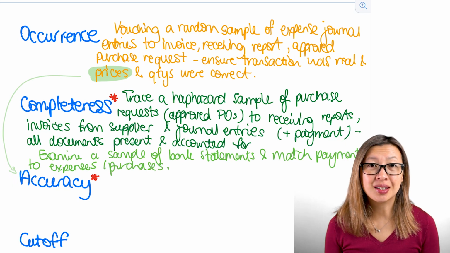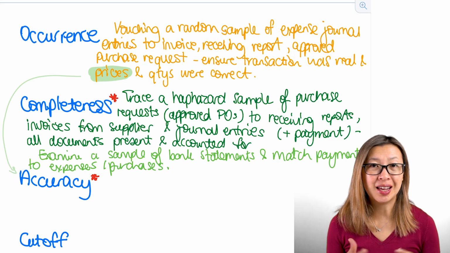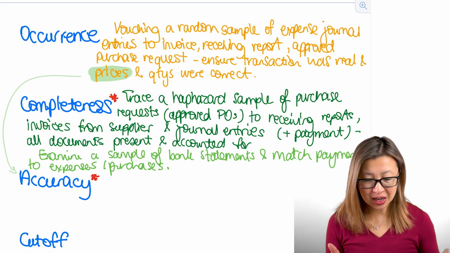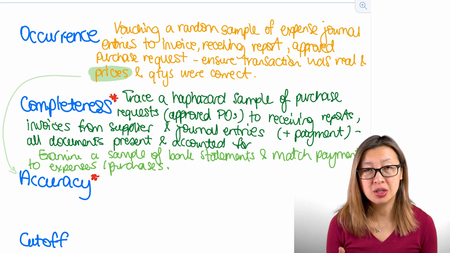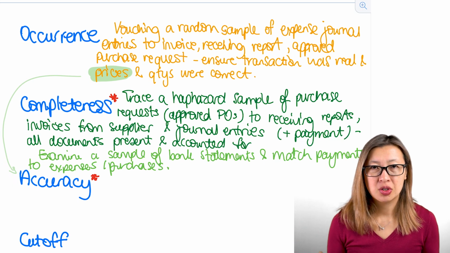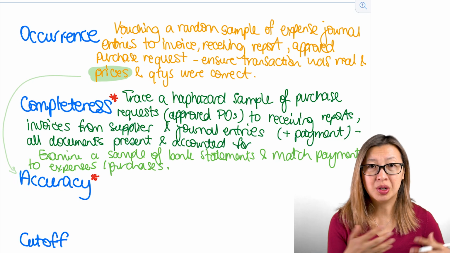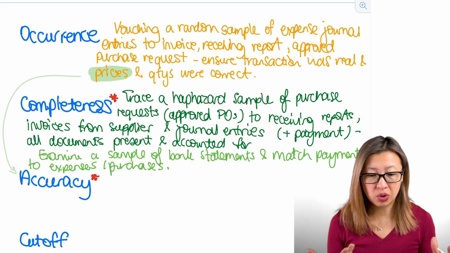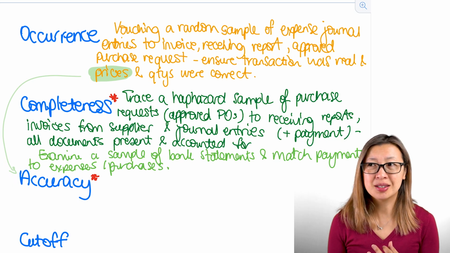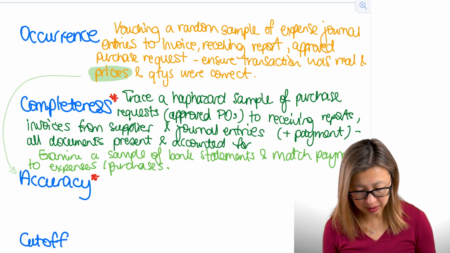Just like you would use a subsequent cash payment test to help you identify any accounts payable that might not be recorded, you can look at bank statements and try and match them back to expenses or purchases just to see if anything doesn't match up. So do you have any expenses that don't link back to an expense account? What were they for? Because just because people purchased items doesn't mean that they don't have to pay for them later. So that's another way that we can do that.